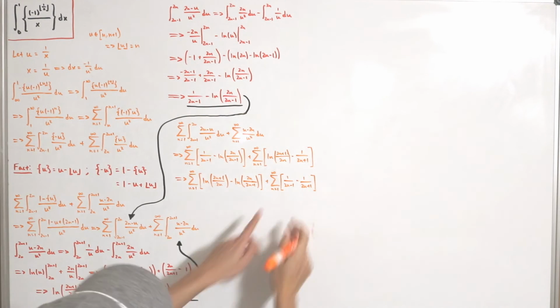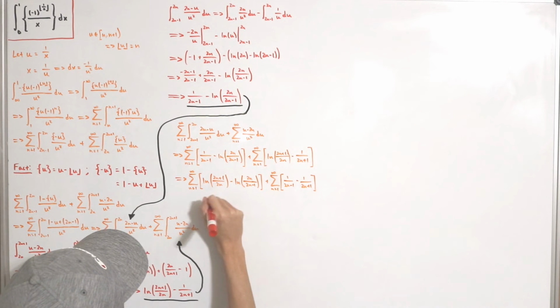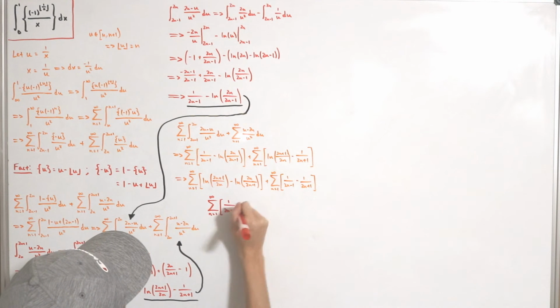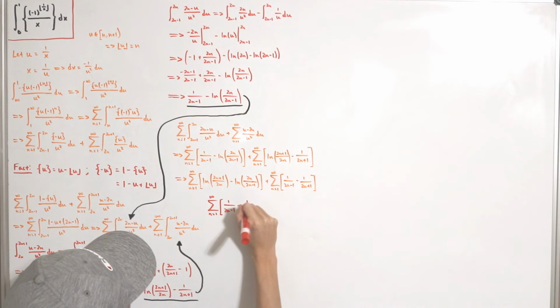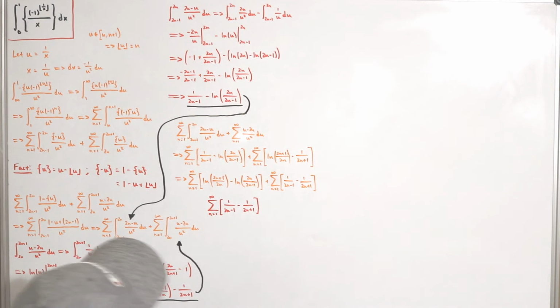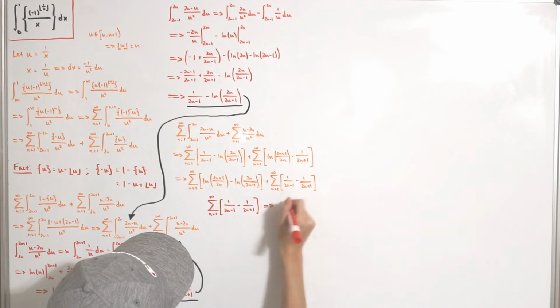So how about first, let's focus on this series first. Let me write this in red. So the series is defined as follows: 1 over 2n minus 1 minus 1 divided by 2n plus 1. Now let's actually expand this series out.